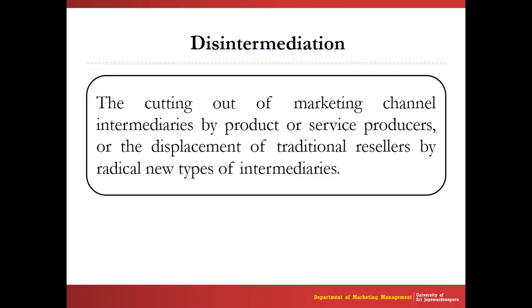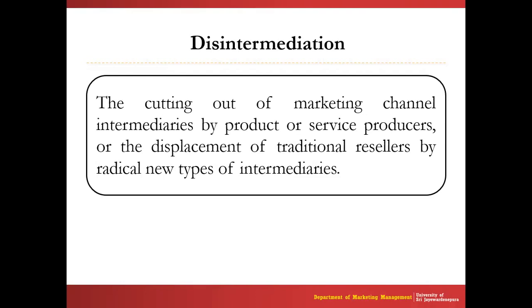With technology, you have so many online retailers where the producer will directly give to the online retailer, and the online retailer will sell to the consumers. Because of online retailing and e-commerce, the traditional wholesalers and retailers will be replaced by new types of intermediaries like online stores. Because of the online stores, here come the courier services and delivery services.